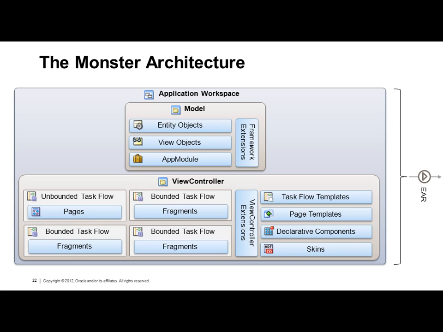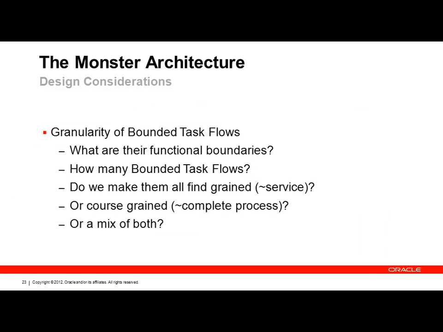Let's go back to the monster architectural pattern and consider that. So the design considerations of the monster architectural pattern are interesting because once we introduce bounded task flows into the mix of our design, we instantly hit the question of the granularity of bounded task flows. If you have a background in service-oriented architecture or SOA, and you know within the SOA space they have web services, one of the continuous problems for the SOA world is the granularity of web services.